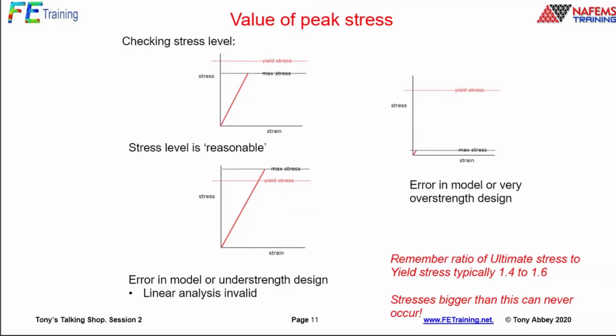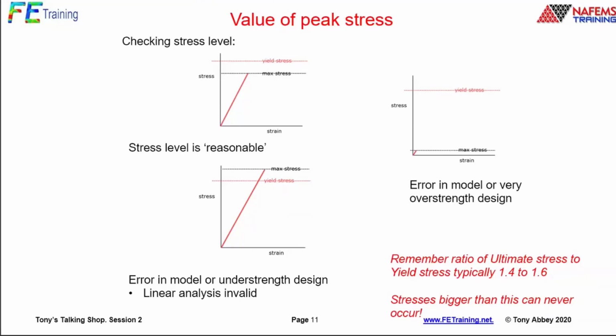Either way, it makes no sense to have the stress bigger than yield stress if we're pushing for a linear analysis, so a big warning goes off. Equally, if the maximum stress in our model is very low, say only 5% of yield stress, and it's supposed to be an efficient, load carrying design, then we've not got a very good design, or we've got finger trouble.